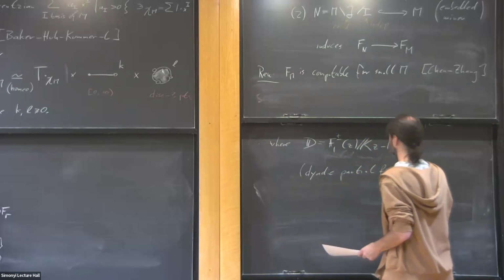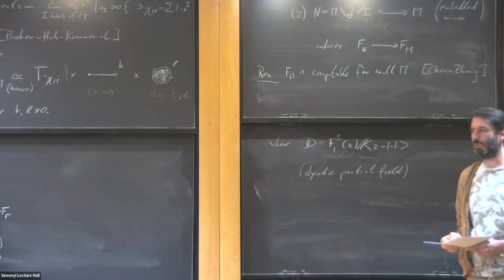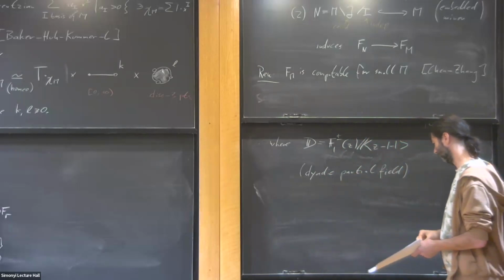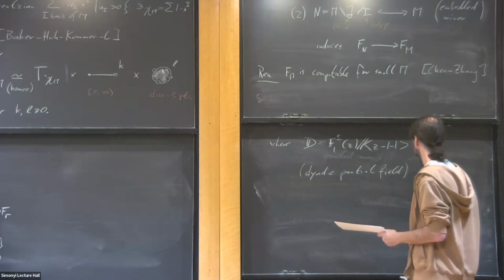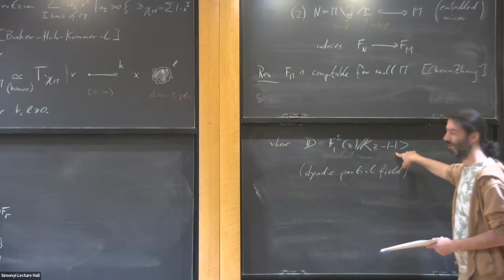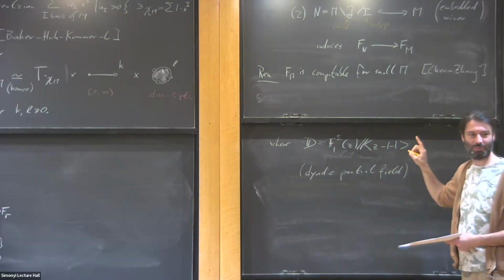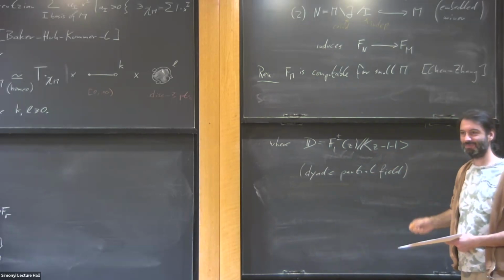As partial fields, that's also something that people were studying before, think Pendavingh and van Zwam. And you should think of here, when is Z minus 1 minus 1 zero?